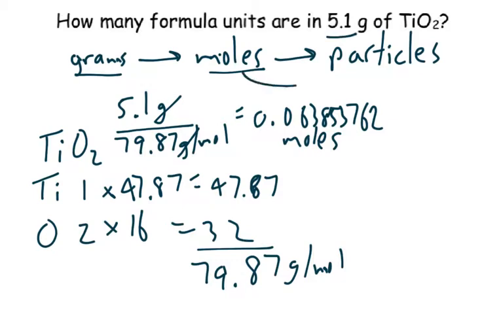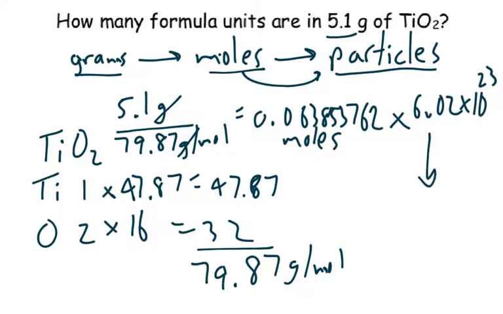Now, to go from moles to particles, all we do is get this number and multiply by Avogadro's, and that will take us from moles to particles. So I'm going to multiply by 6.02 times 10 to the 23rd, and I'm going to round my answer to show only 2 significant figures.